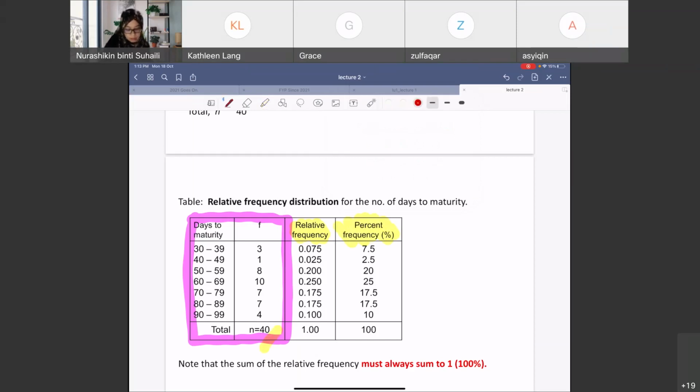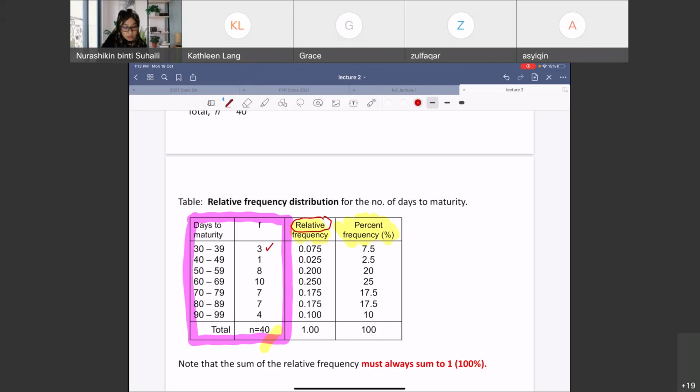When we say relative frequency, it has to do with comparing with something else. In this case, we compare with the total n. Okay, let's say for this class it is 3.